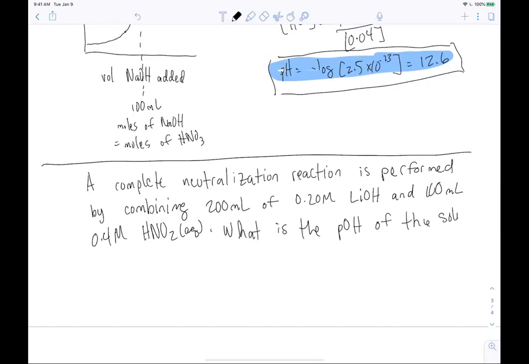And so really, if you think about it, this is essentially the same as a titration question.